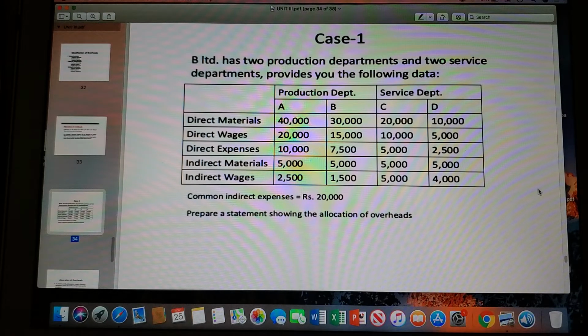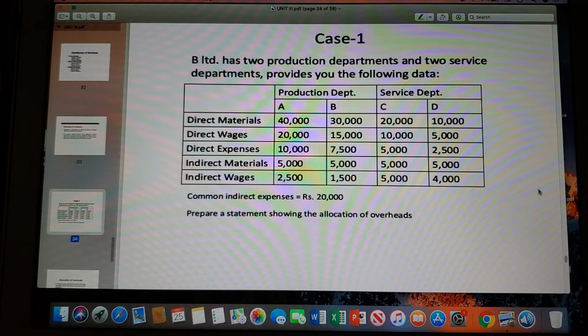Under these headings, we are going to see how much it works out for production department and service department. In production department there's A and B, in service department C and D.